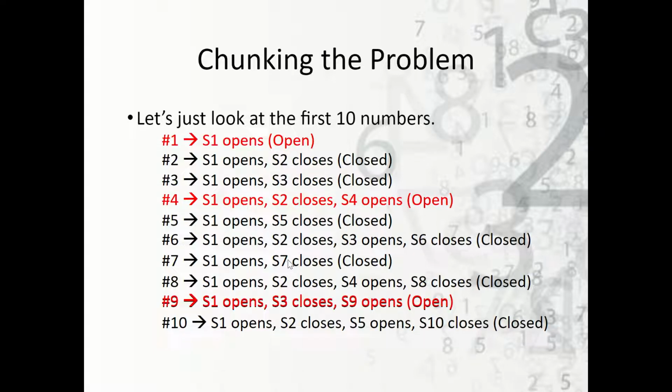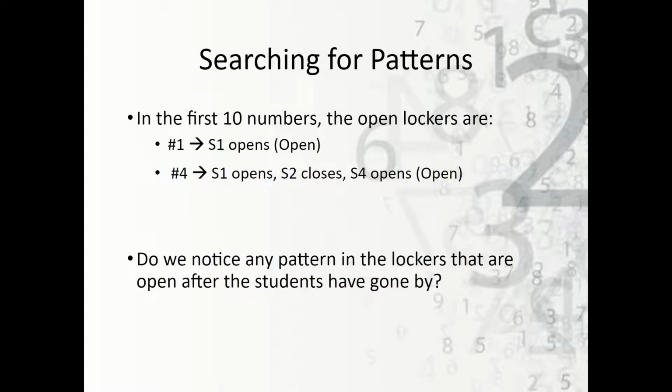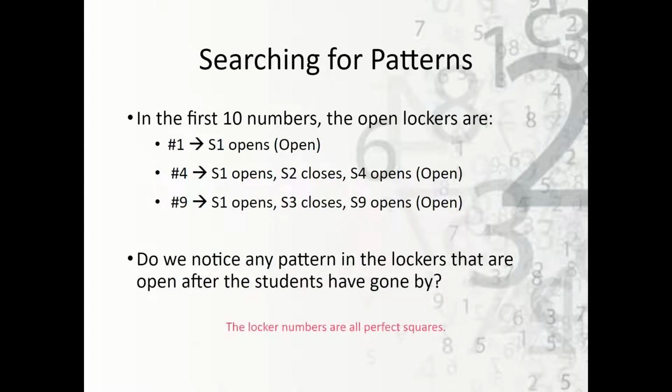So what are the ways that we can get an odd number of factors? So we said that these were the ones that are open. And in order for them to have an odd number of factors, they need to be perfect squares because we need to have some kind of factor that's multiplied by itself, such as 9 is 1 times 9 and 3 times 3. But we don't duplicate 3, so we end up with an odd number of factors here. So therefore, it is open at the end. So they need to be perfect squares.